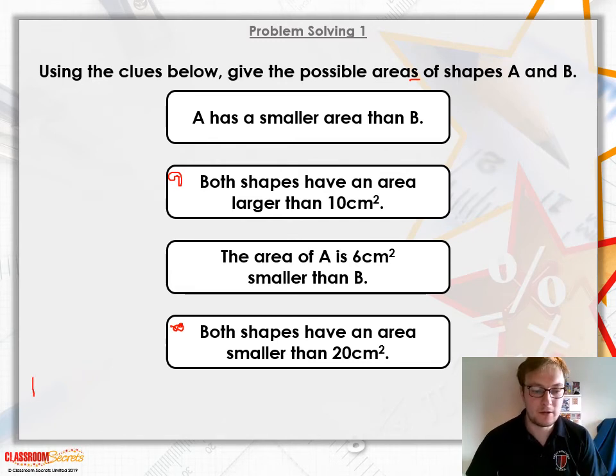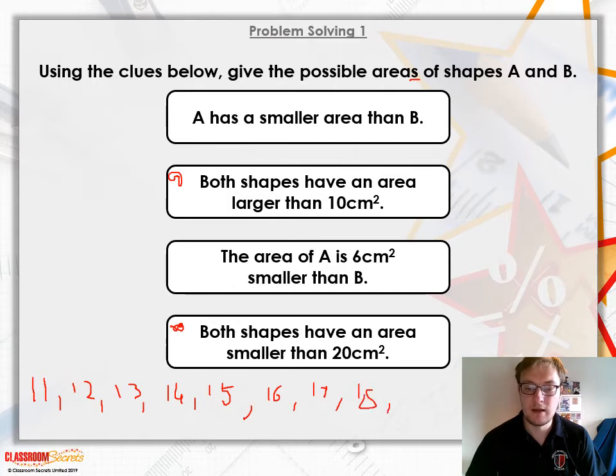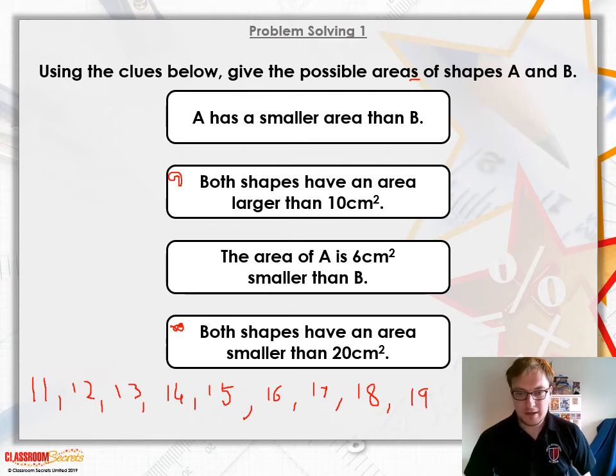So the possible areas are 11, 12, 13, 14, 15, 16, 17, 18, and 19. Very hard to write with the computer. Okay, that's all the possible areas these shapes can be, because it fits these two clues here.